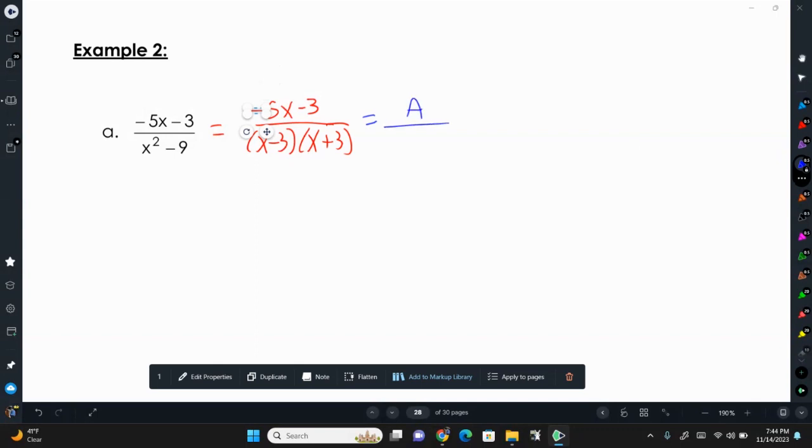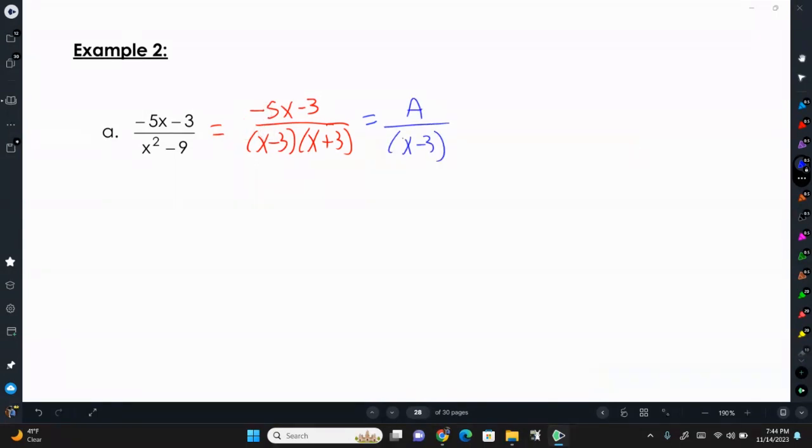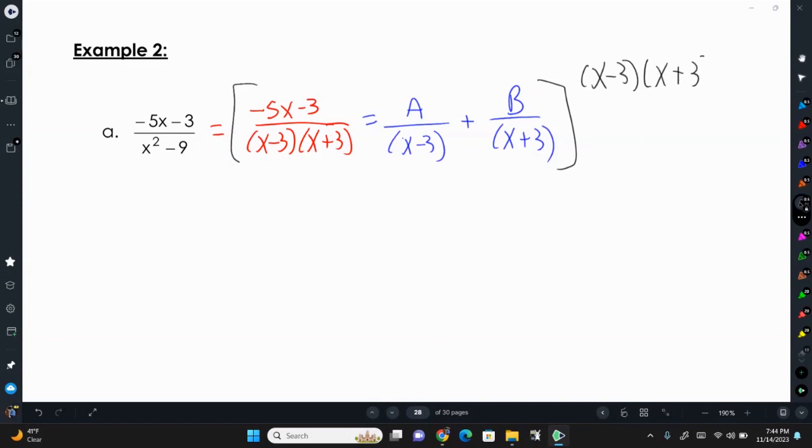So a over x minus 3 plus b over x plus 3. Then I'm going to multiply this whole thing by the least common denominator, x minus 3 times x plus 3.